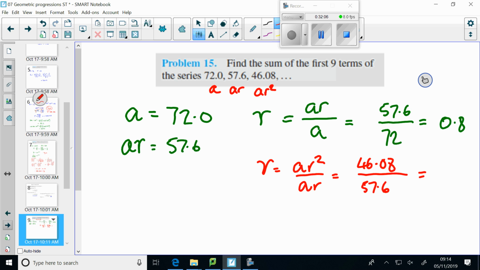Just check that we still get 0.8. And is 0.8 what we would be expecting? Less than 1 because the terms are converging.